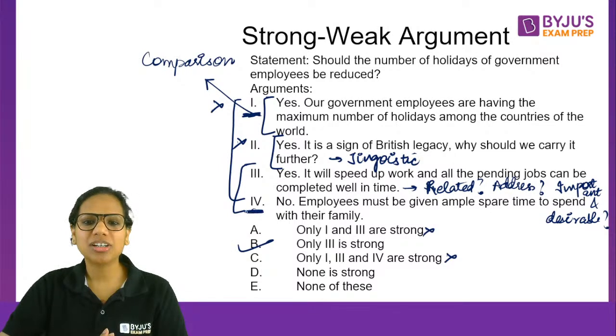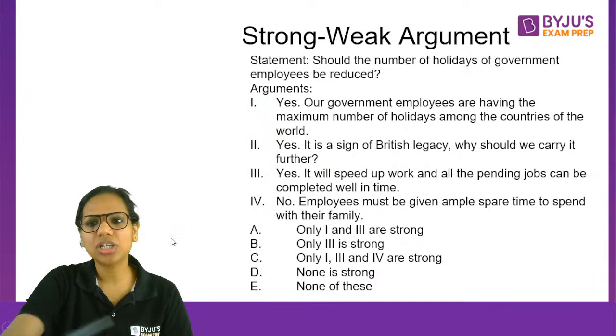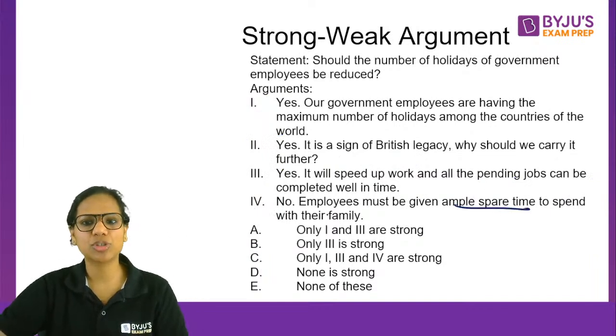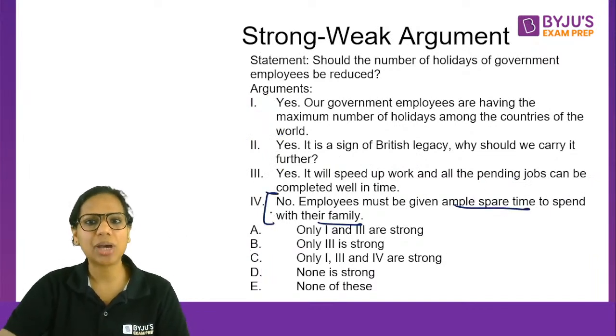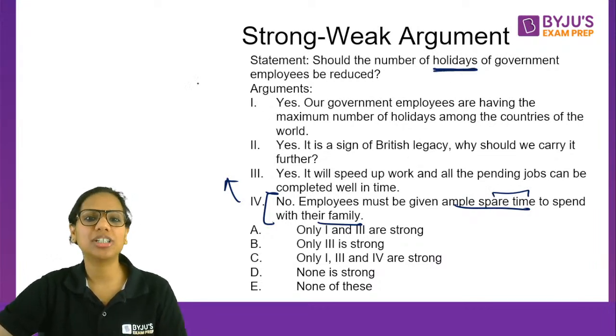Now, why not the fourth one? Students often ask me this. That this is also an important concern. No, they should be given ample spare time to spend with their family. That's important. Work-life balance is important. But is it? See, spare time does not have to mean a holiday.